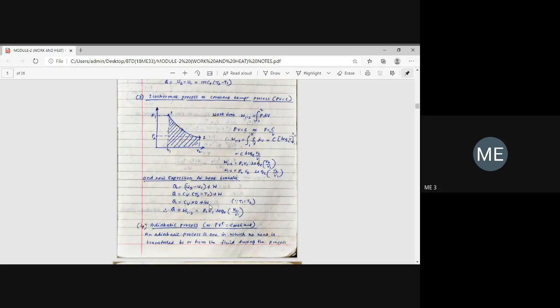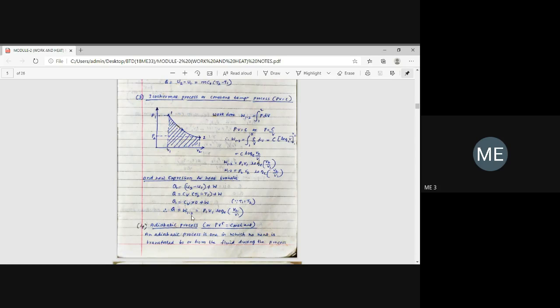Once you find the expression for W, the same amount of heat will be transferred in case of isothermal process. Work done and heat transfer both are same. Already we found the expression for work done as P1 V1 log to the base E V2 by V1. So this is the expression for W as well as Q in case of isothermal process.